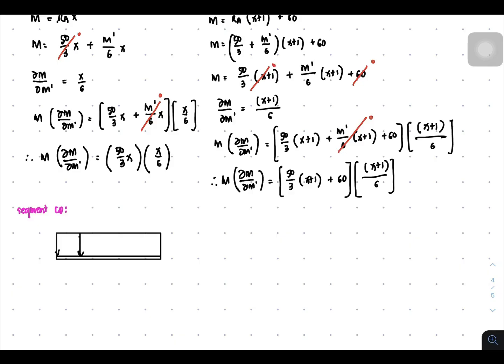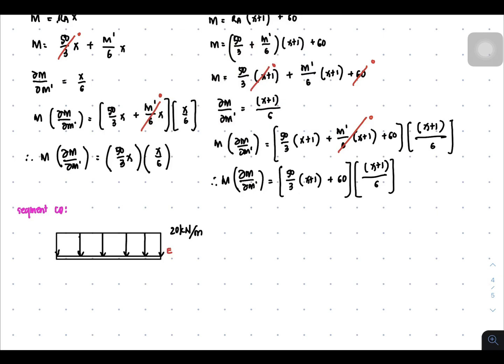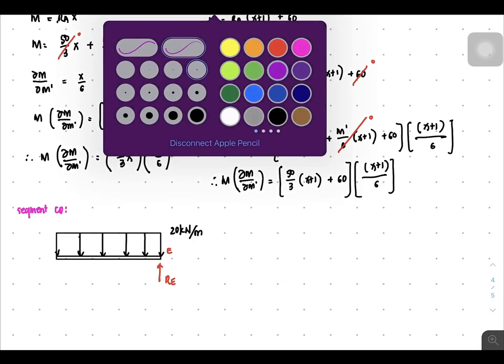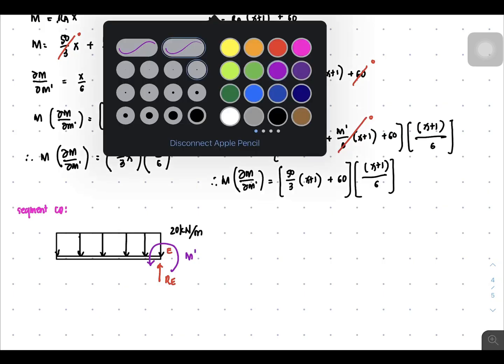So this is the loading, and this is 20 kilonewtons per meter, and this is point E, where you have RE, and at that portion you also have this M prime.